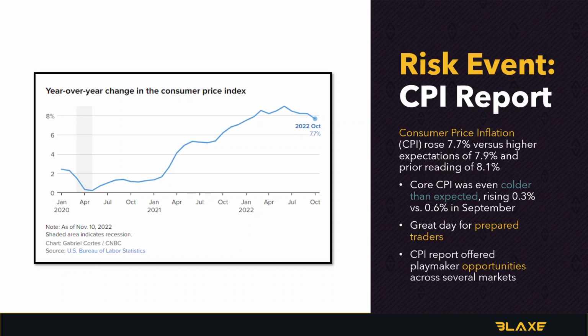I know I said CPI rose and the market loved it, but that's because it rose less than expected. The market analysts were expecting 7.9% rise in inflationary prices across the basket of goods, but 7.7 came in lower, and it also came lower than the actual reading for the prior month, which was September.